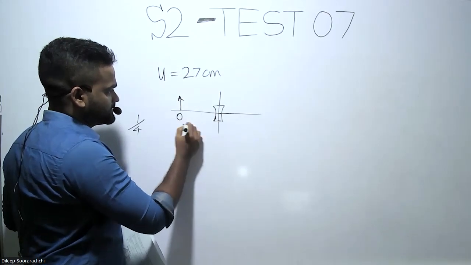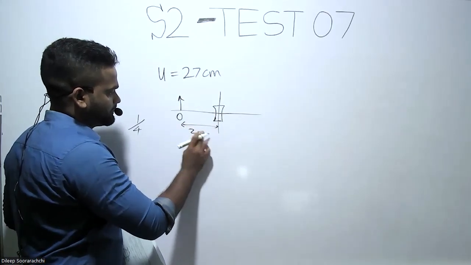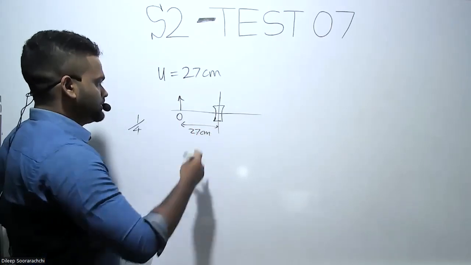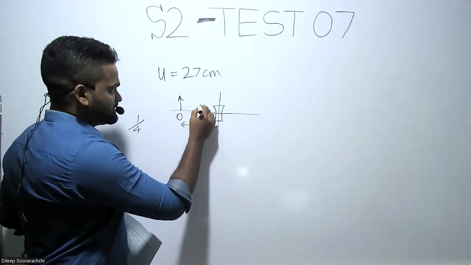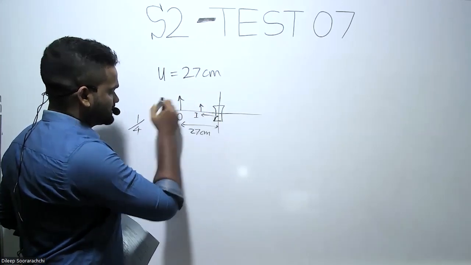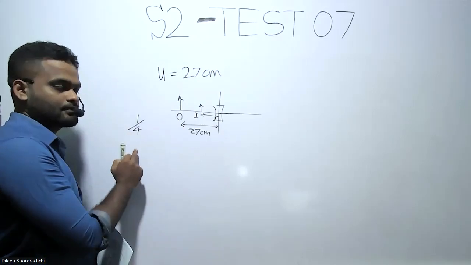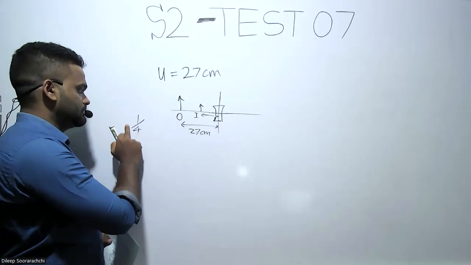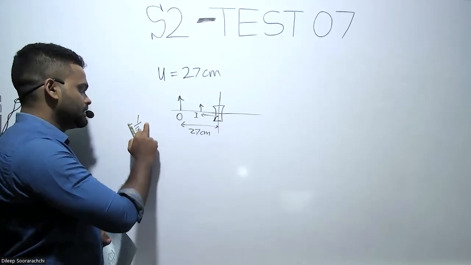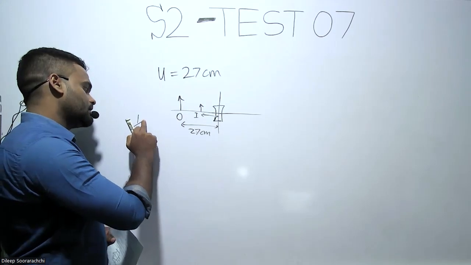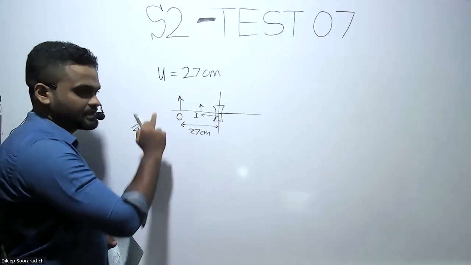If the object is here, the image size has decreased. This is the image, because the linear magnification is 1/4 of the object size. Image size is 1/4 of the object size.